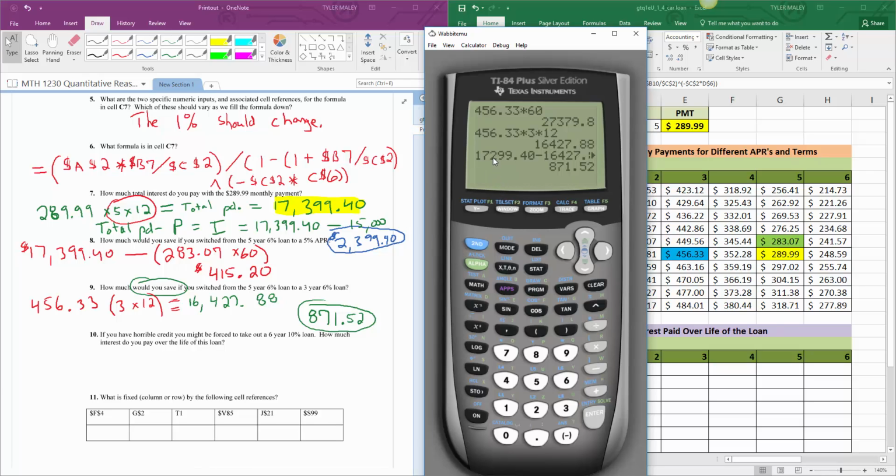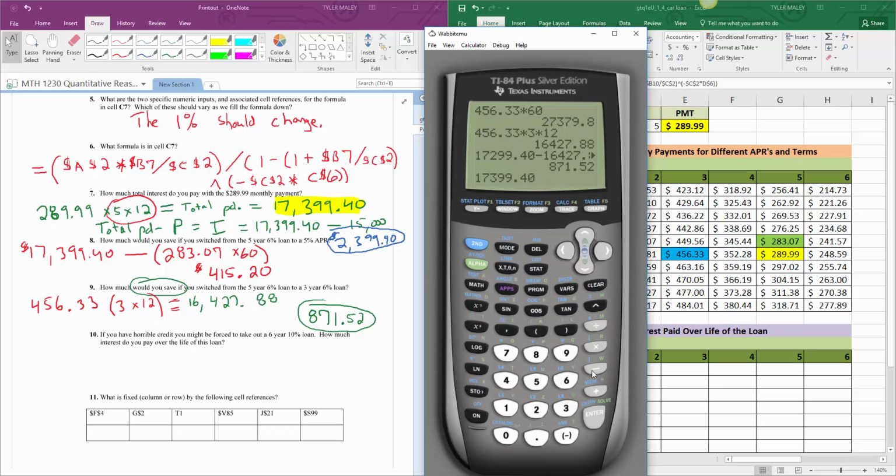I accidentally typed in $17,299.40 when it should have been $17,399.40. So you guys might have been yelling at me on the screen as I was typing that in. If we were doing this in the classroom, I'm sure someone would have corrected me. So I apologize for that.